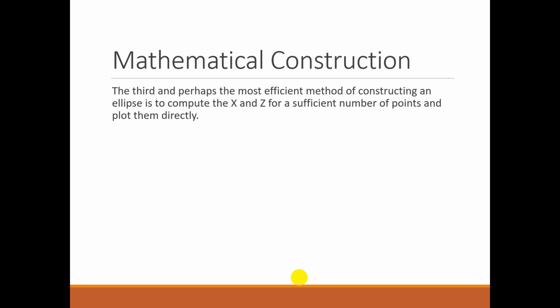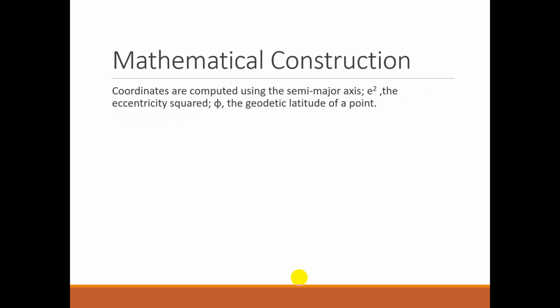In mathematical construction, the third and perhaps the most efficient method of constructing an ellipse is to compute the x and z for a sufficient number of points and plot them directly. Coordinates are computed using the semi-major axis a, e squared, the eccentricity squared, and phi, the geodetic latitude of a point.